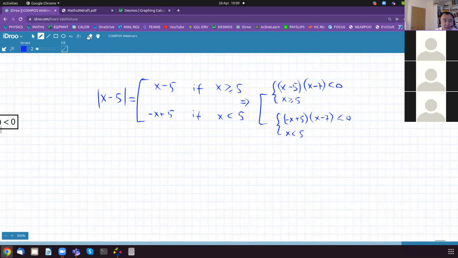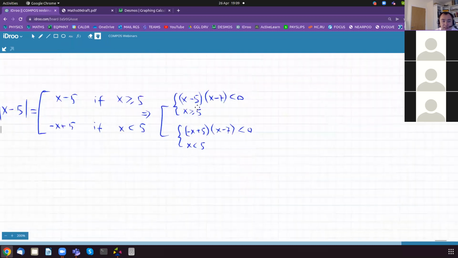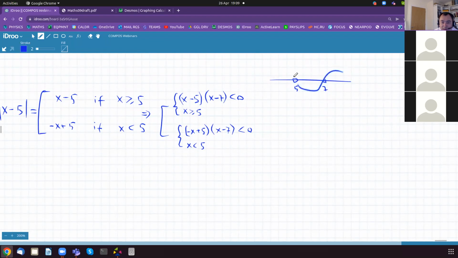You can do it. You can say, okay, so this is less than 0. So very quickly, just sketch 5, 7, and less than 0. That's this region, and x has to be greater or equal to 5. Okay, so x belongs from 5 to 7. What about this one?